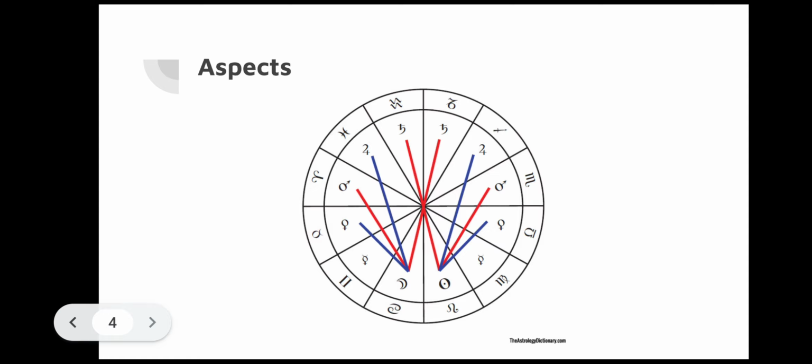Whereas if we go a little bit further and look to Mars, Mars is 90 degrees, 3 signs away from the light bringers, which forms a square. And a square is a harsh relationship. Instead of a helpful or supportive relationship, it's a relationship of severance, a relationship of aggression.